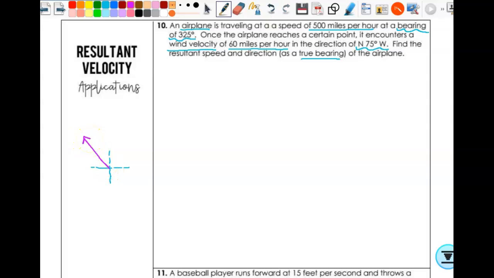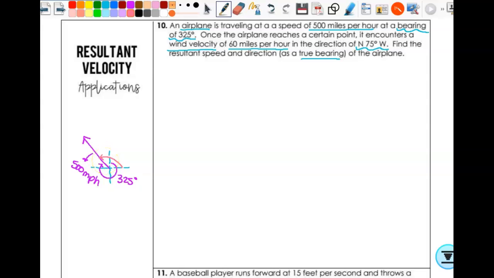Okay. And this right here is 325 degrees. And this is 500 miles per hour. Right. So what we need from this is we need theta. Theta goes from here to here.